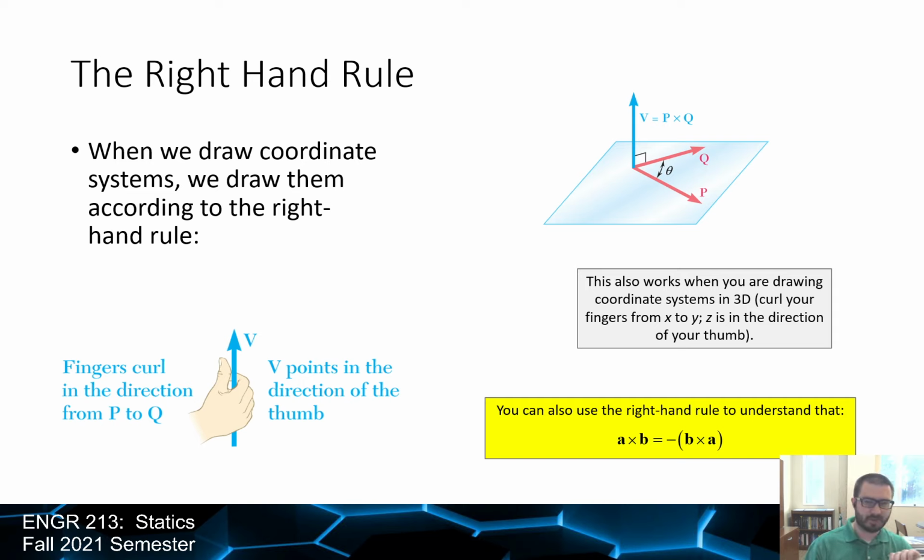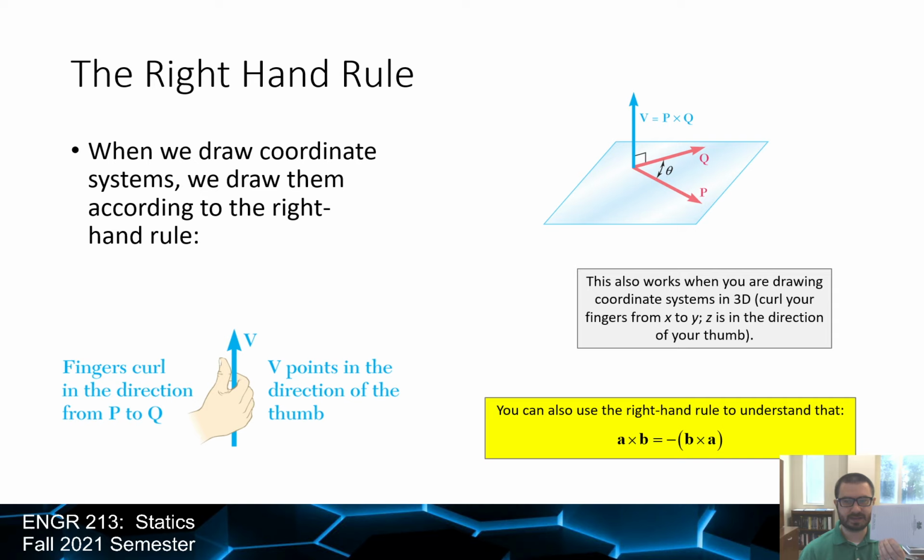So if you go back to the idea of the result being normal to the plane, the way that we remember how that works mathematically is we use a moniker called the right-hand rule. The way the right-hand rule works is, let's say this is my plane, and let's say this is vector A and this is vector B. I'll try and move into the camera here.